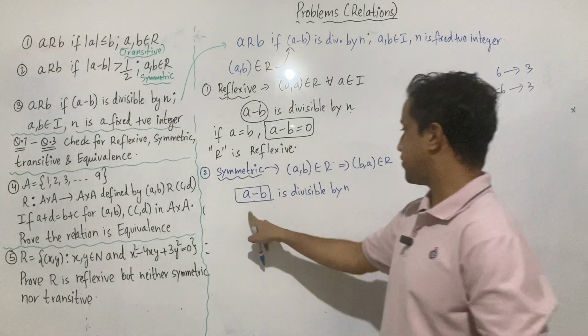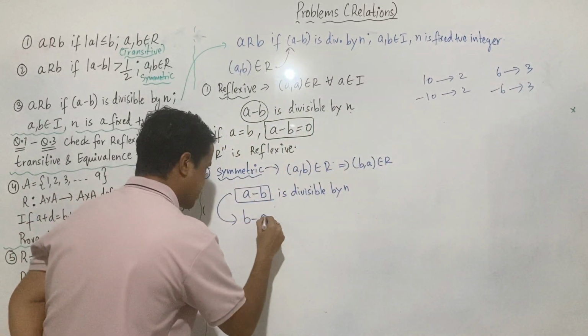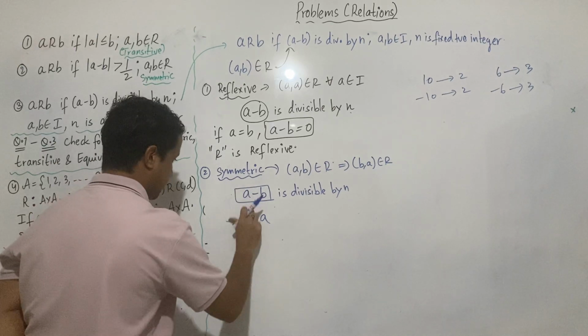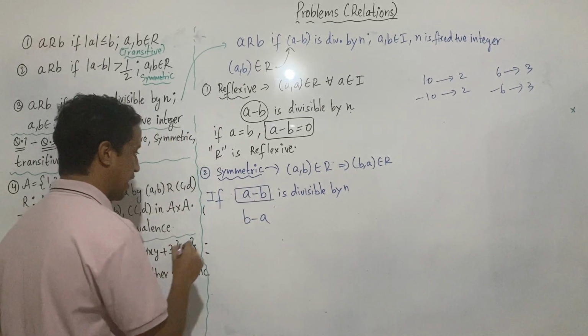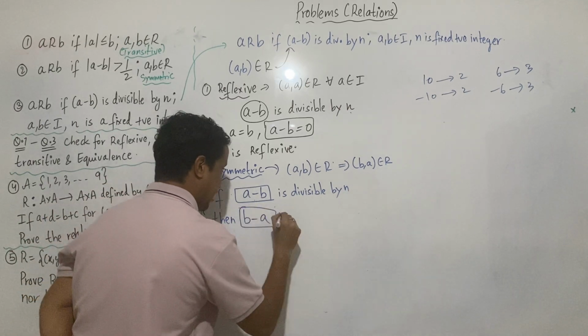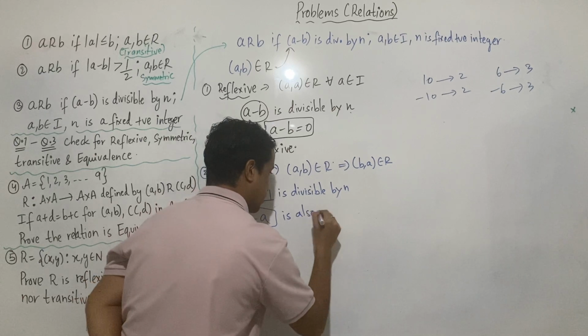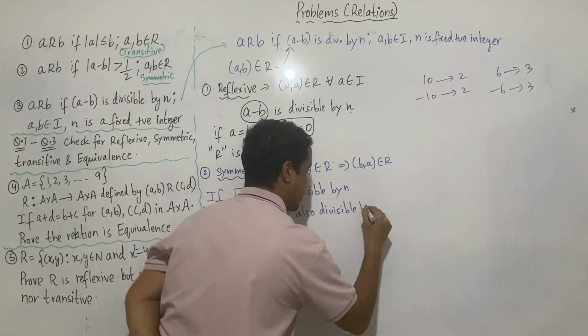So if A minus B is divisible by n, then B minus A is also divisible by n.